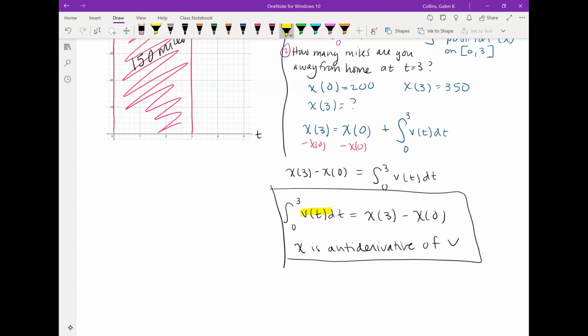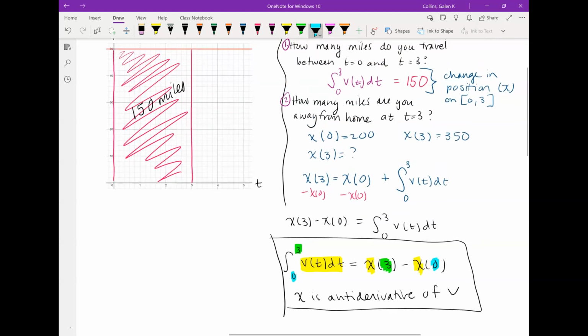If I have a function v and I find its antiderivative, which is x, then I can evaluate the definite integral from 0 to 3 of v by plugging my upper limit of integration into my antiderivative and subtracting from that the antiderivative evaluated at the lower limit of integration. As we head over in our notes to page 84, that's exactly what we're going to see on top.